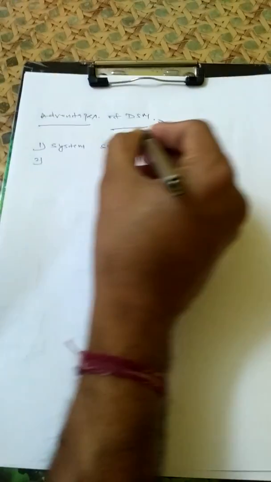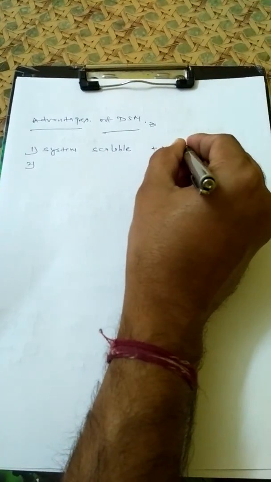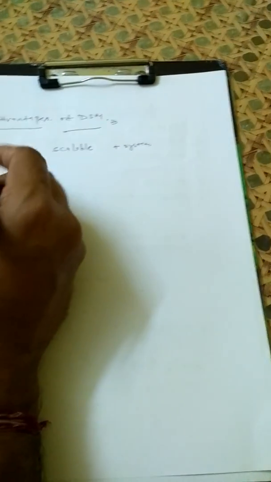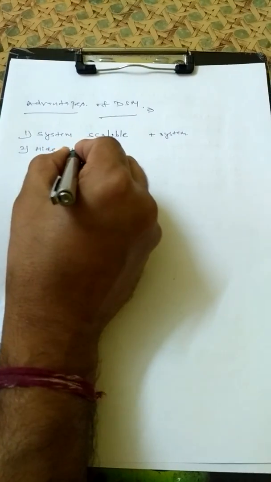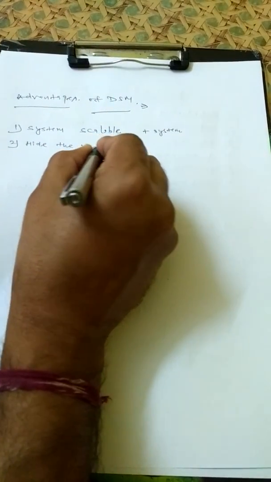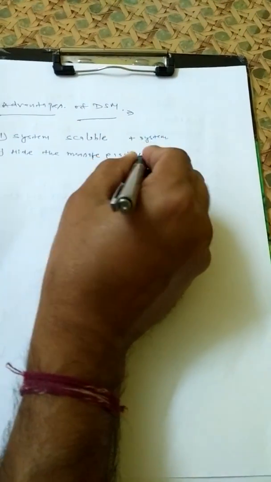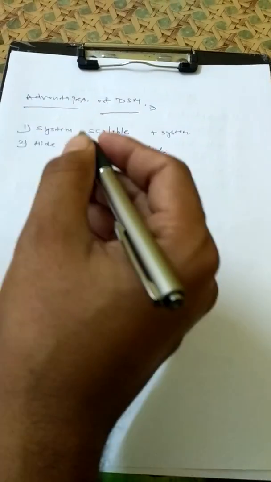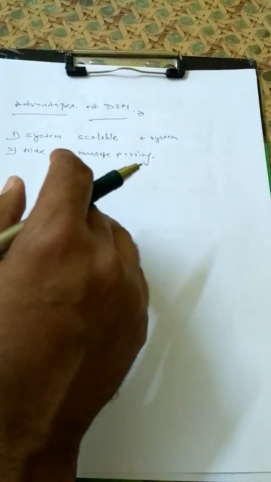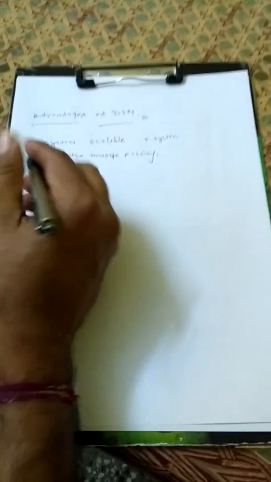Second is that it hides the message passing. So the distributed shared memory hides the message passing, and we can do all the things very smoothly.